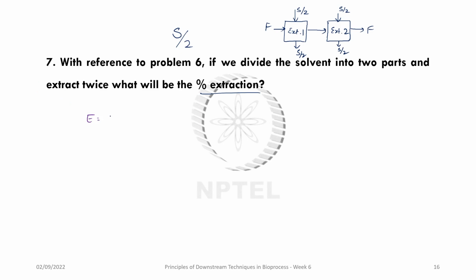Alright, E is equal to Sk by F. This time we are having 0.5 of F, 1 by 2 of F into K, and F here. So it is 0.5 into K, which is 3. 1.5 is your new E. Anybody has any questions until here?